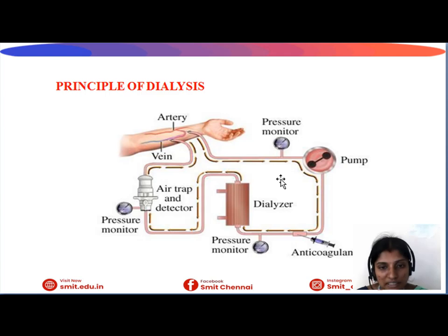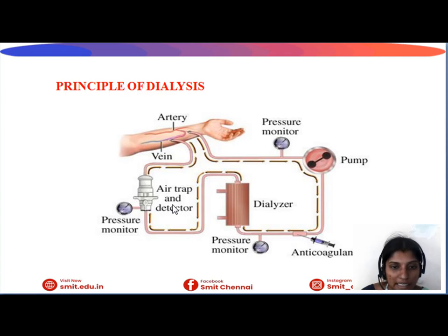This is the dialysis process. Here we have a pressure monitor to monitor the pressure which we are giving for the dialysate solution and for the blood. Here there is an air trap and detector in case there are any air bubbles in the pressure monitor line.